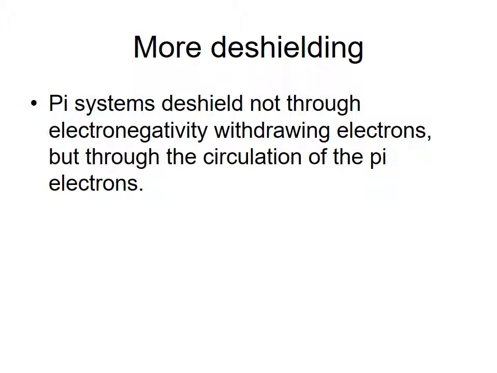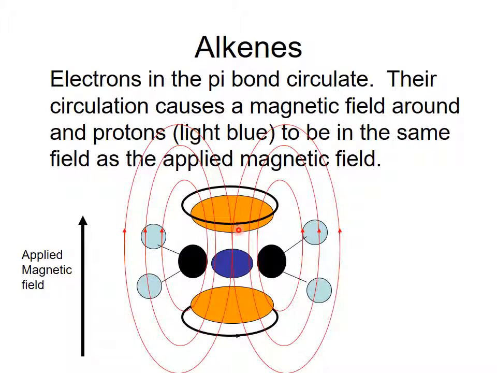However, pi systems are not deshielding through an electron withdrawing method. What it is doing is that the pi electrons are circulating and causing the magnetic field to be stronger at the nucleus. In an alkene, you have a pi bond, and the way it's oriented, when you apply the magnetic field to the pi electrons, they circulate in a way that causes the magnetic field at the protons to be increased.